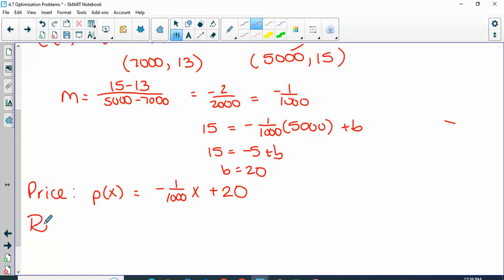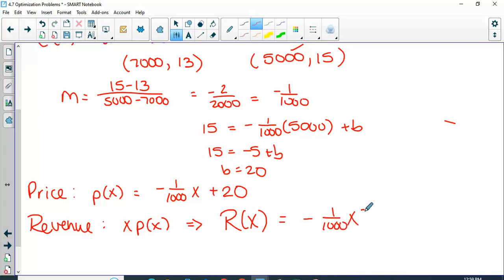So revenue is x times p of x, which is negative 1/1000 x squared plus 20x. You guys all with me here?